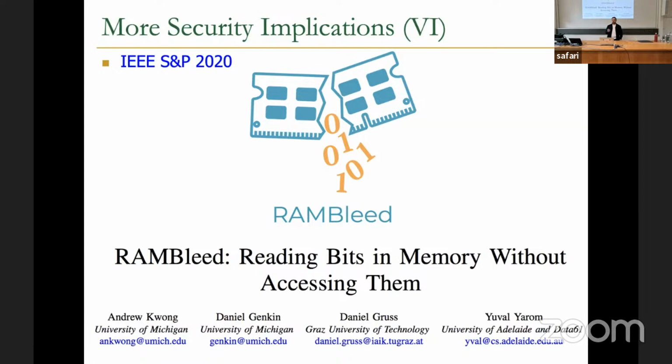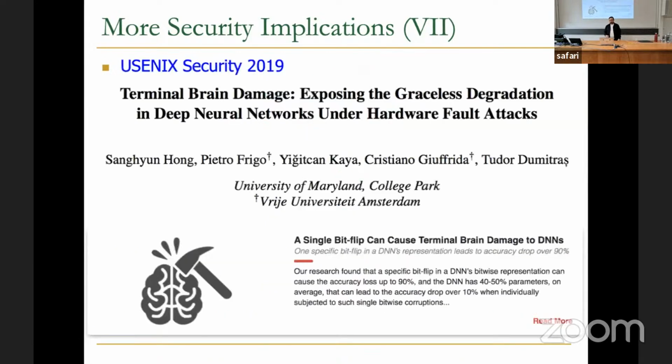They read bits in memory locations they don't have access permission to, without accessing them. What they do, they initialize their own memory space with some particular data pattern, and then they keep hammering the sensitive data by accessing some other rows that they can access. And then they observe the bit flips in their own data. So since we know that the data pattern sensitivity is quite significant in RowHammer, they can actually read your RSA key, basically, the key that you use for SSHing into some machines. So it's quite scary, and it was published in 2020.